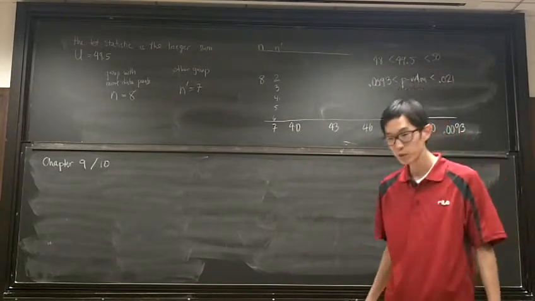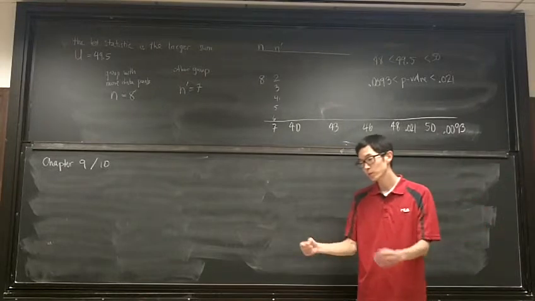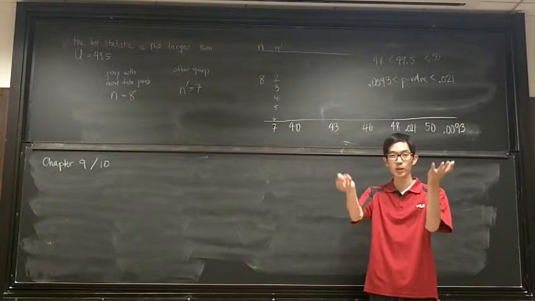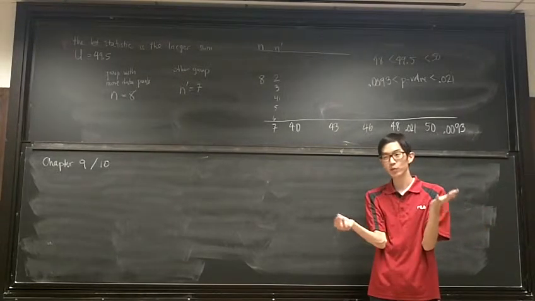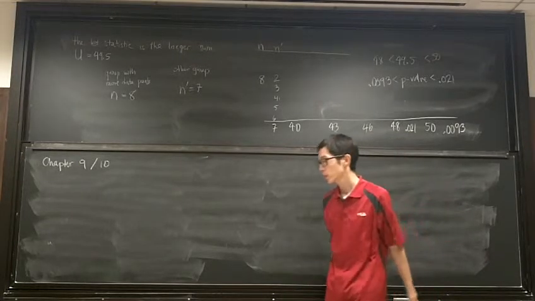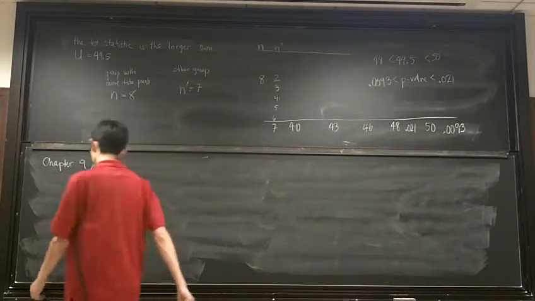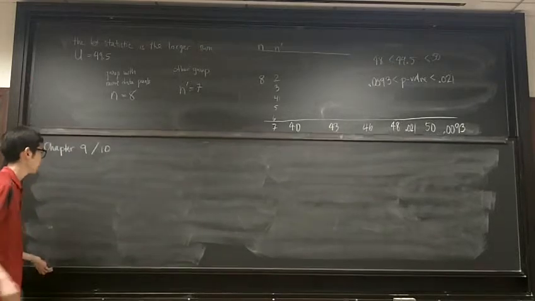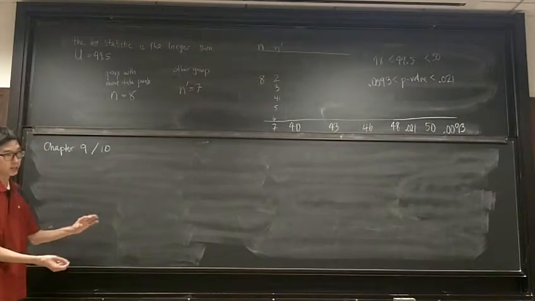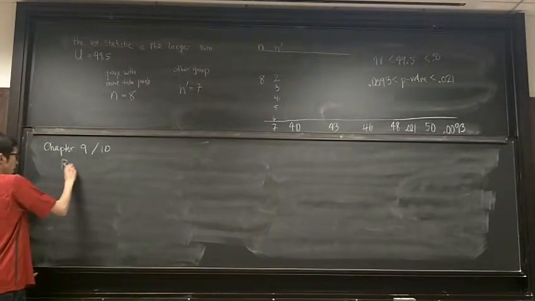The t-test we use to compare numeric data between two groups. With chapters 9 and 10, now our response is categorical data.